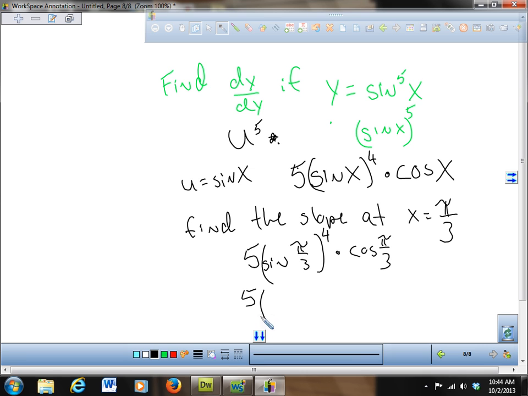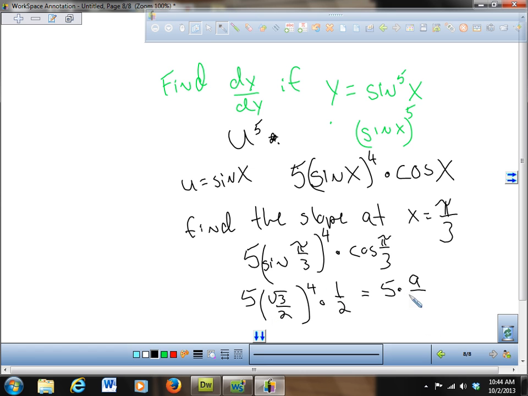Square root of 3 over 2, to the 4th, right? And the cosine is 1/2. Okay, so if I simplify that, root of 3 times root of 3 times root of 3 times root of 3 is the same as 3 times 3, which is 9. Yes. So that's equal to 5 times 9 over 2 to the 4th.